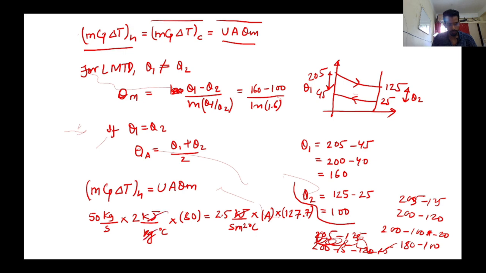Kilojoule will cancel out, kg will cancel out, second will cancel out, degree C will cancel out, so only meter square remains. So 50 into 2 into 80, divided by 2.5, divided by 127.7, so the area is equal to 25 meter square. So this is the final answer.